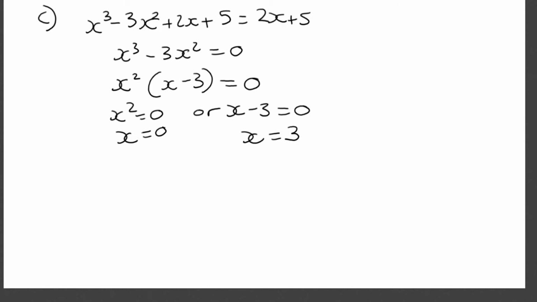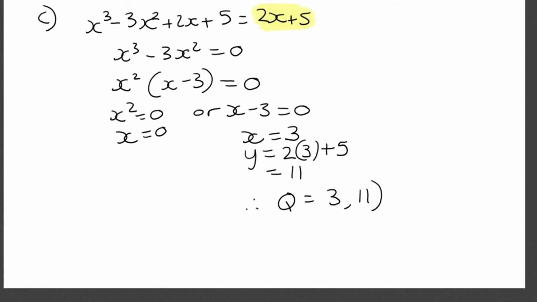To find the y coordinate, I would always sub it into the easier equation. So I'm going to sub it into this one here. So 2 times 3 plus 5 equals 6 plus 5, which is 11. So therefore Q is (3, 11).